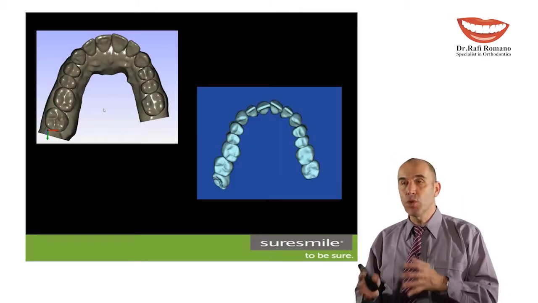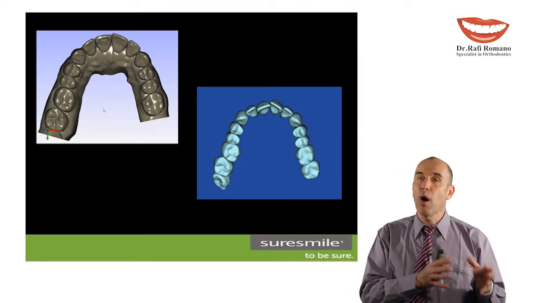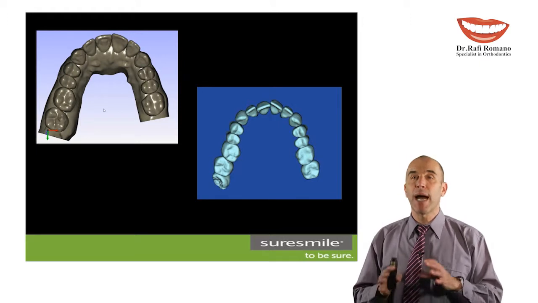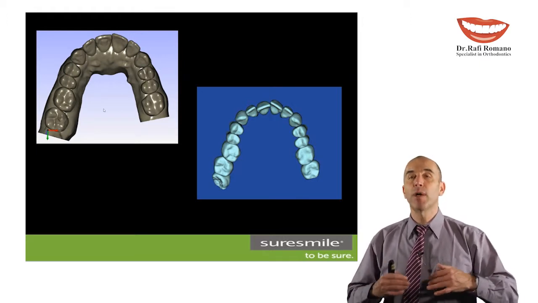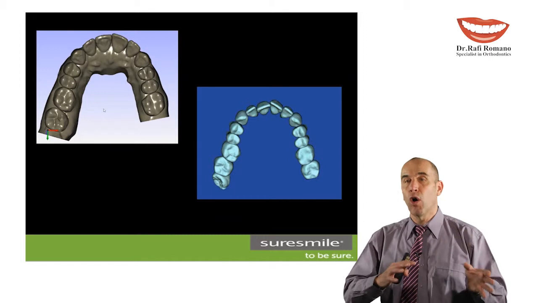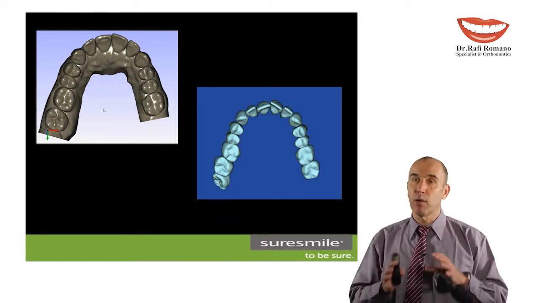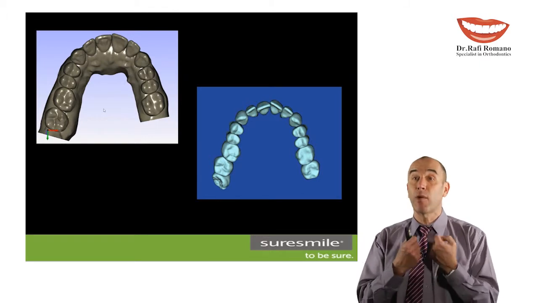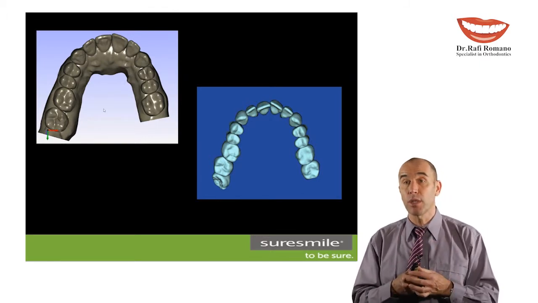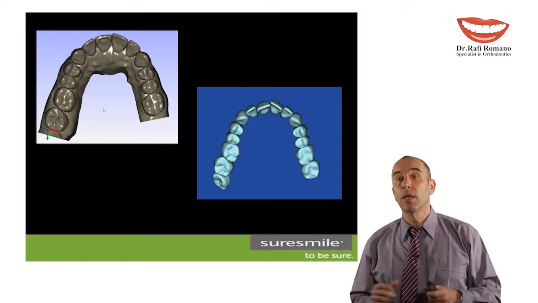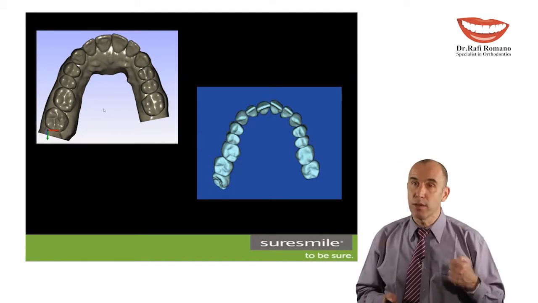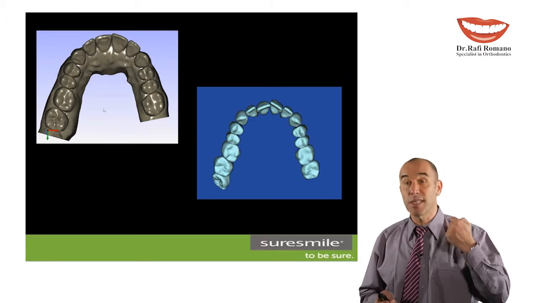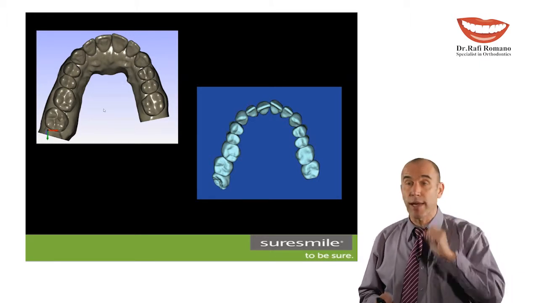Now, in the SureSmile, we have two options. We can do everything virtually, planning our treatment and our bracket system on the computer, and I talk about Lingual Orthodontics, which is very sensitive to indirect bonding, because in buccal orthodontics we are used to put our brackets directly, but in lingual we already know that it's not easy and not desired to put the brackets directly in the mouth.